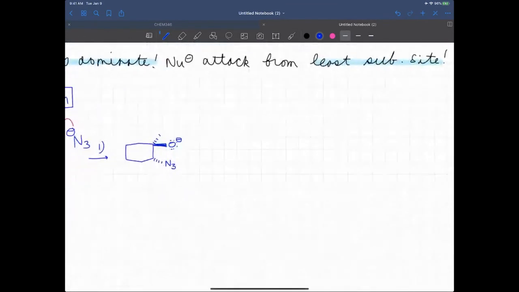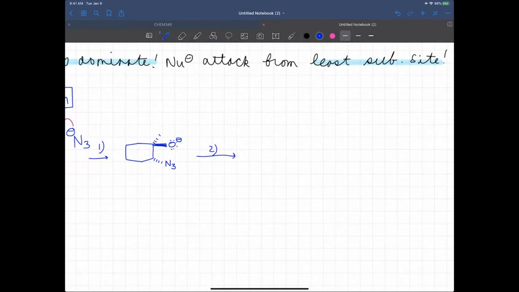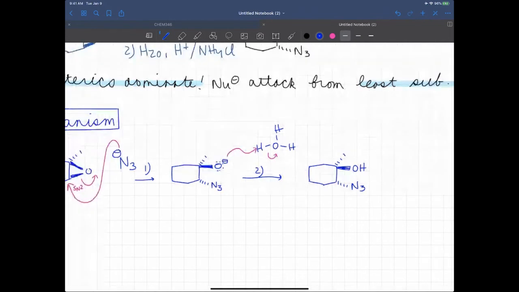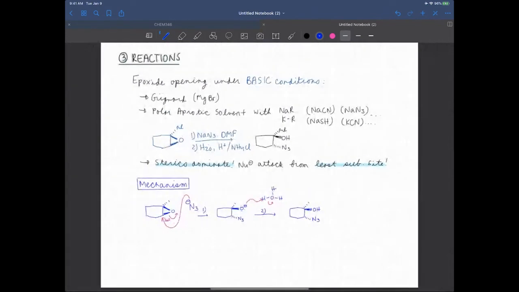Then step 2, when you do an acidic workup, in comes your acid, your hydrogen, and this just completes the product. Right here, and there we go. So this is what happens under basic conditions when sterics are the dominant factor.